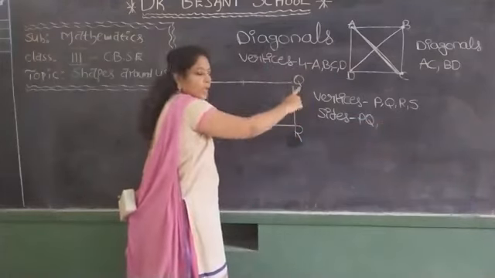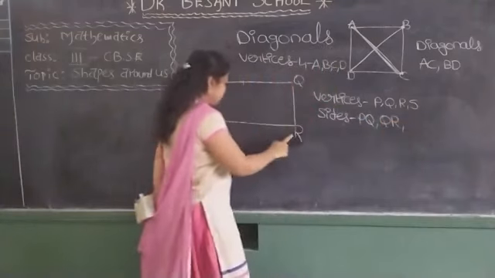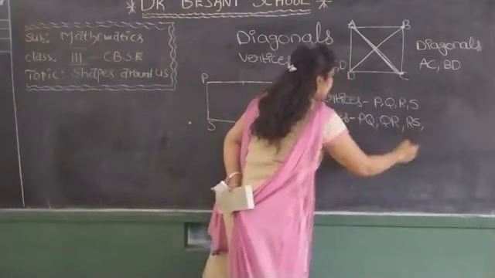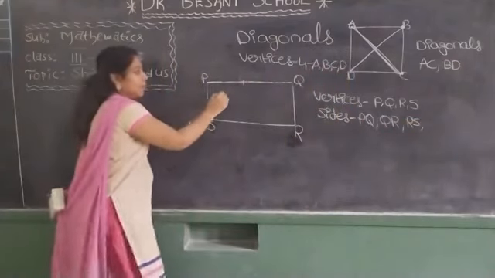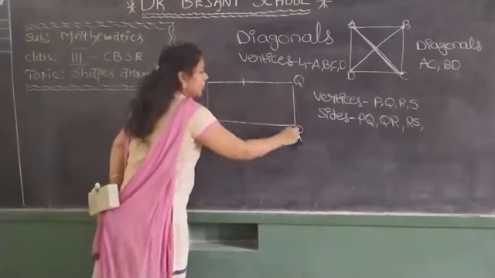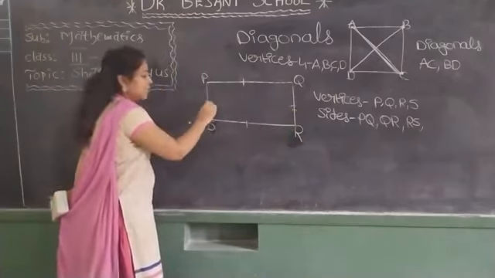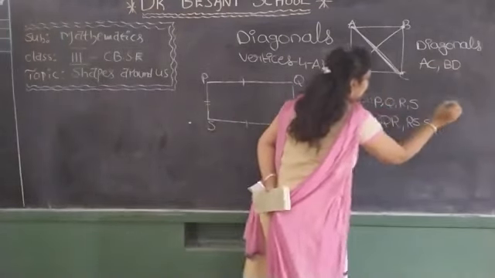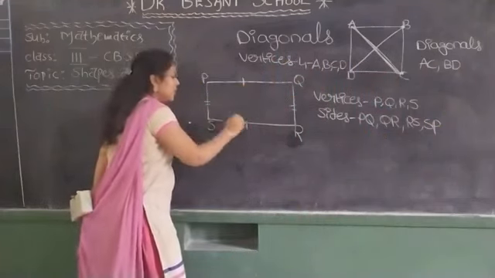QR is another side. RS is another side. And SP. PQ one side, QR another side, RS one side, and SP another side.